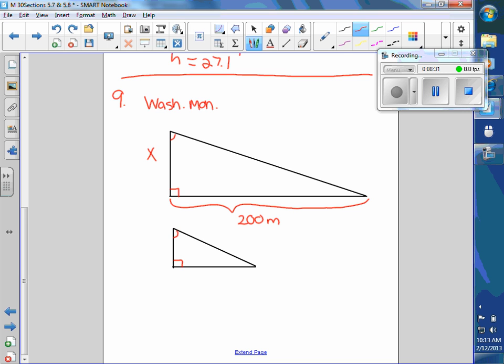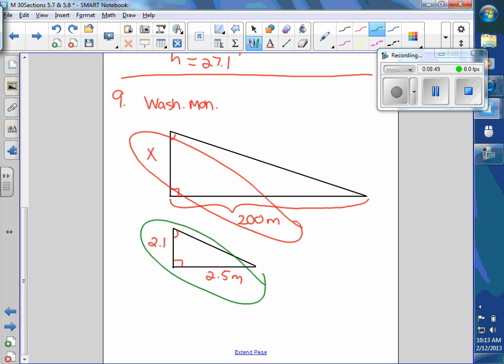So the van's 2.1 meters high, and it casts a shadow that's 2.5 meters long. So we're just going to compare x to 200 as 2.1 compares to 2.5. So here's a couple of things that could help you without a calculator.